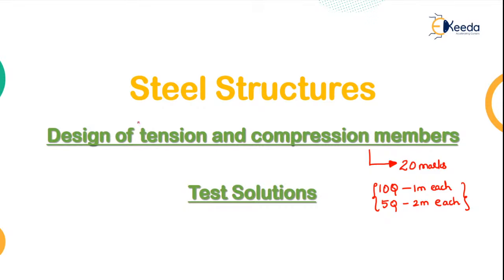The members which are subjected to tensile forces, you can call them tension members, and the members which are subjected to compressive forces, you can call them compression members. If you want the entire detailed course, you can go to the app and check there. Today we will do this test solution.